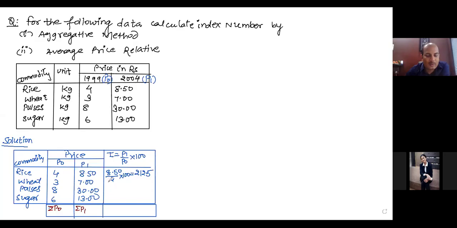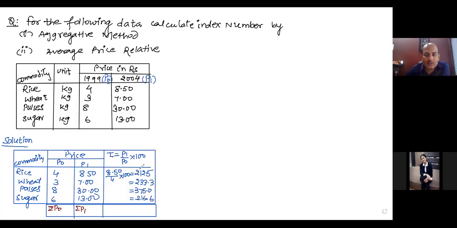Similarly, I need to calculate the other values. So it is 7 upon 3 into 100. So this value is coming out to be 233.3. 30 upon 8 into 100, that is 375.0. And this is 13 upon 6, which is equal to 216.6.